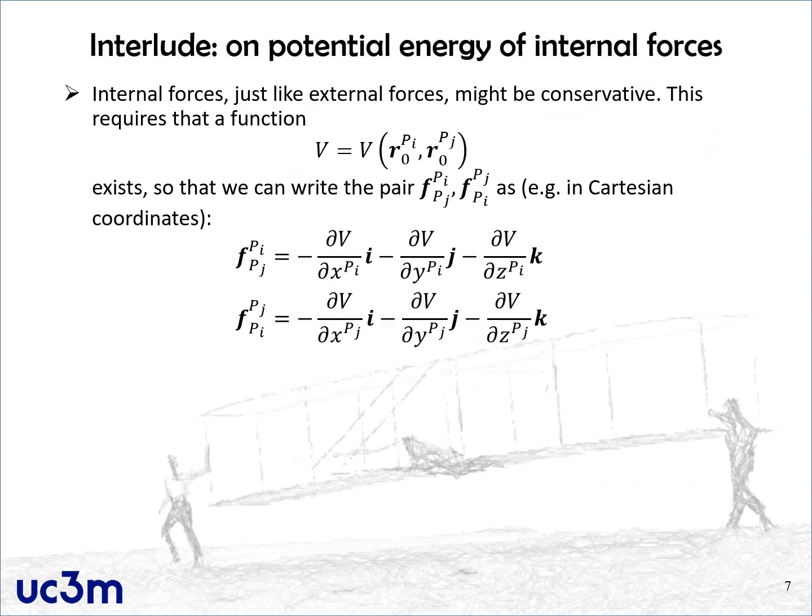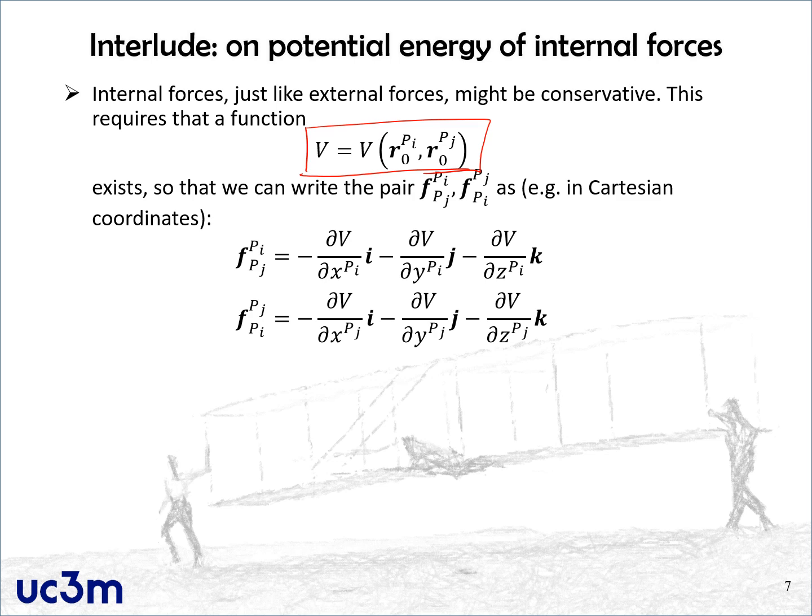Actually, I want to tell you about the case of internal forces a little bit more in detail before we move on to the next point. Just like any other force, internal forces may be conservative, and that means that there must exist a potential energy function like this one. You see that in general, this function depends on the position of Pi and Pj.